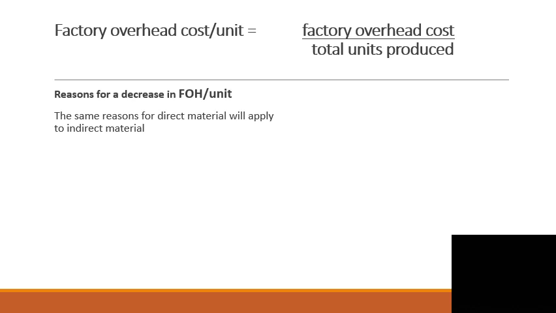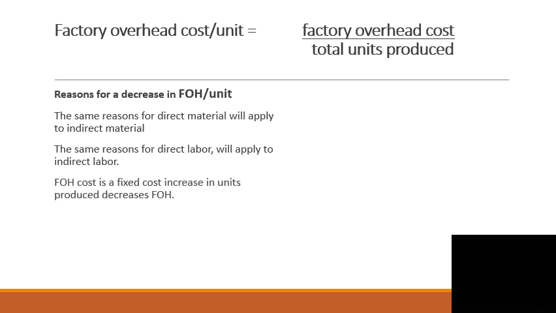Now, if we have a cheaper supply of the indirect material that we use, it will decrease fixed overhead cost per unit. Also for direct labor, if they are trained, if they are skilled, then they reduce the cost.